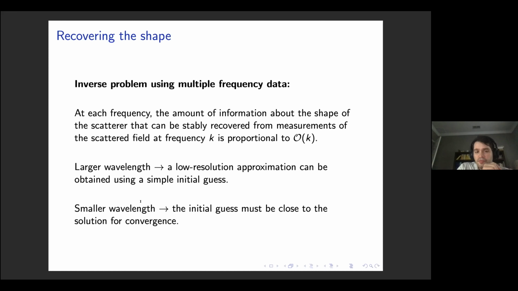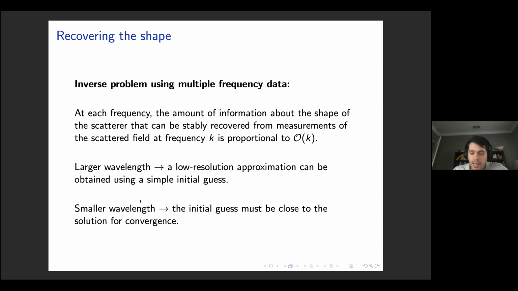On the other hand, if you have a very high frequency and you try to solve the problem, the convergence is going to depend on your initial guess, which is going to need to be very close to your obstacle. And at high frequency, you have a lot of detail on your reconstruction. So you have this trade-off: at low frequency, with a simple initial guess, you get a blurry solution. At higher frequency, with an initial guess very close to the obstacle, you have a very good reconstruction.